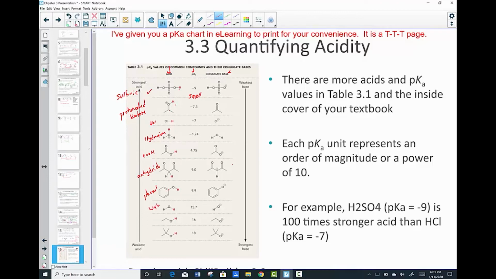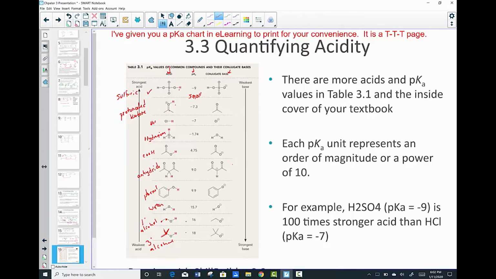Here's just plain old water. Here we have a primary alcohol. That term primary means that the OH group is attached to a carbon that's simply attached to one other carbon. And just giving you an idea, this would be a tertiary alcohol because the carbon attached to the OH group is attached to 3 other carbons, and it has a difference in the pKa value.